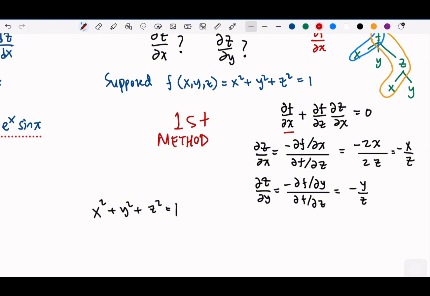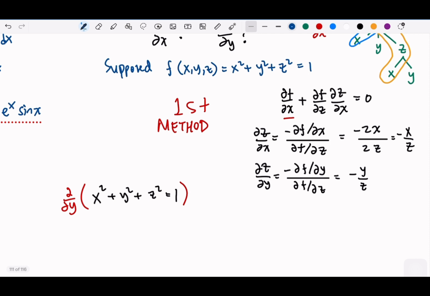The second one, suppose that we are deriving with respect to y. So when we have this, then the x will be treated as a constant, y is a variable, and z is a function of x, y, just as mentioned in the question. So this will be 0 plus 2y plus 2z, and then dz/dy.